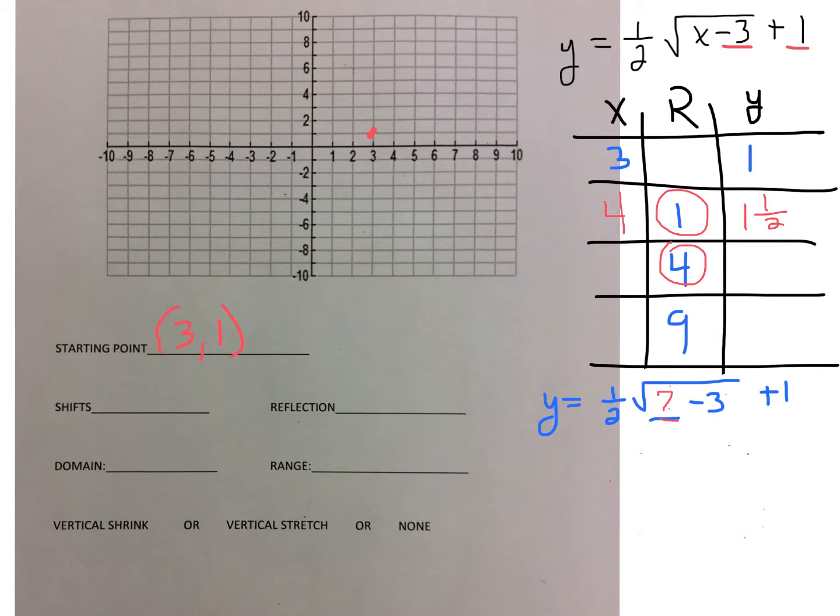Well, 7 minus 3 is 4. So 7. Let's do this up. 1/2 radical 4 plus 1. Radical 4 breaks down as 2. 2 times a half? Well, that's just 1. So we get 2.